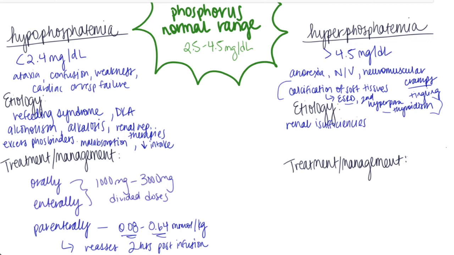So if we're looking at etiologies, it certainly makes sense that we'll see individuals who have renal insufficiencies having concerns in terms of having excess phosphorus levels, likely due to impaired excretion overall. We'll also see individuals having excess phosphorus levels in times of cellular necrosis or any type of cell lysing. If you start to see cells splitting, phosphorus is typically an intracellular electrolyte, right?